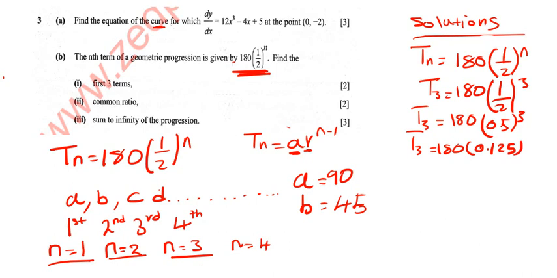So you say t3 is equals to 180 multiplied by 0.125. Sorry, let's just multiply in advance. When we multiply by 180, it is giving us 22.5.